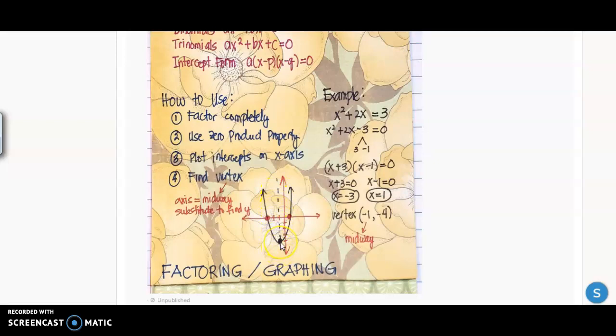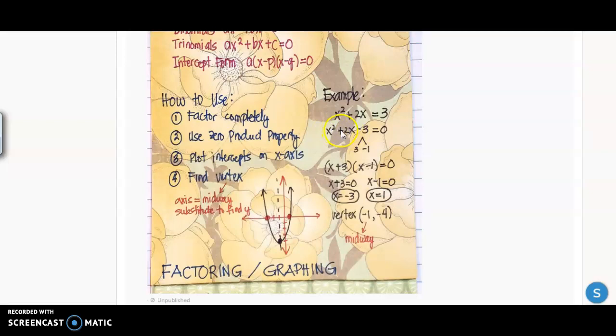So how do we know how far down here or maybe up there the y coordinate is? Take this value, -1, and go back to your standard equation and plug it in. So -1 squared is 1, and then 2 times -1 is -2.